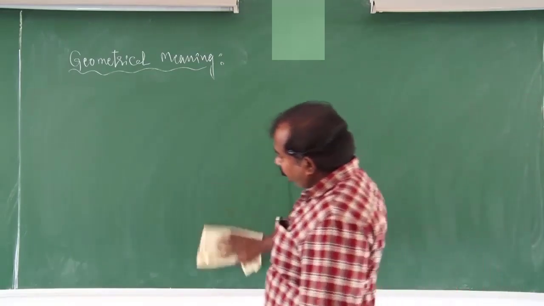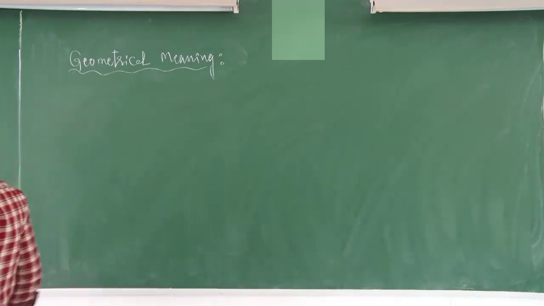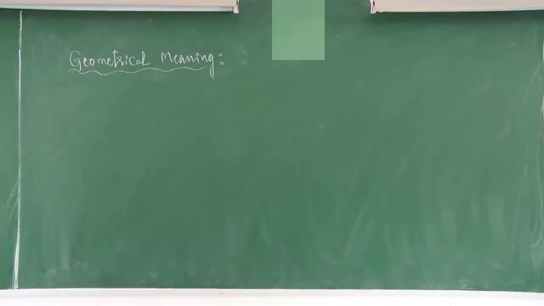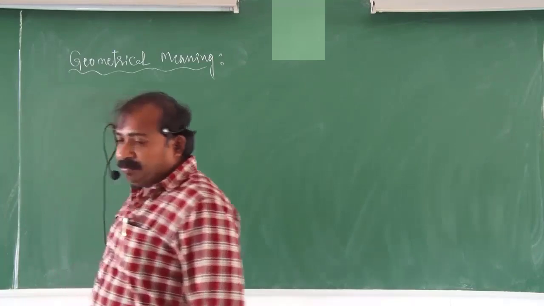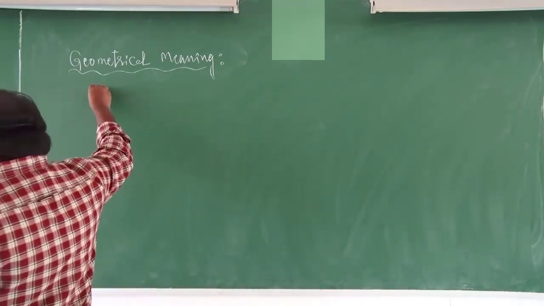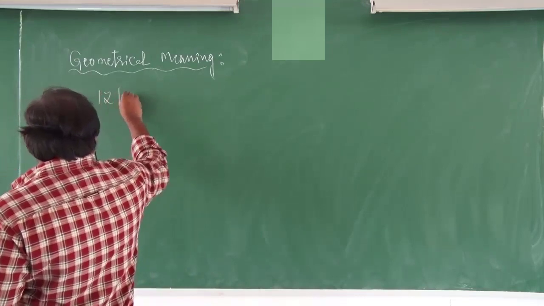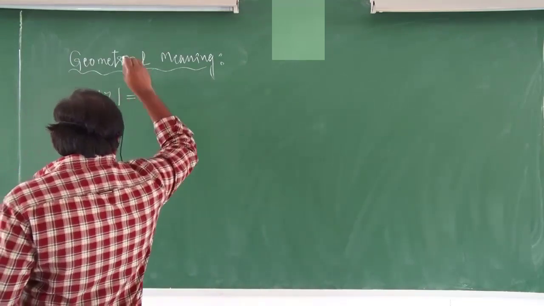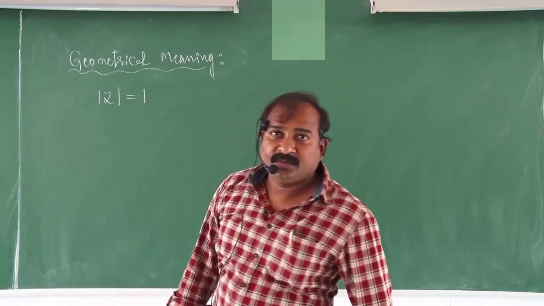For example, when we are doing complex number bits, in some bits they will give mod z is equal to 1.